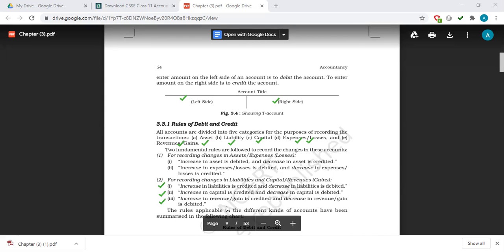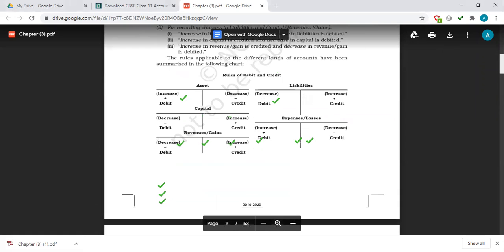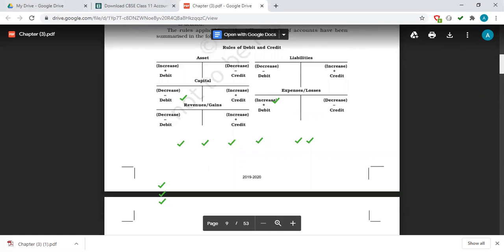The rules applicable to different kinds of accounts have been summarized in the following way. Right?